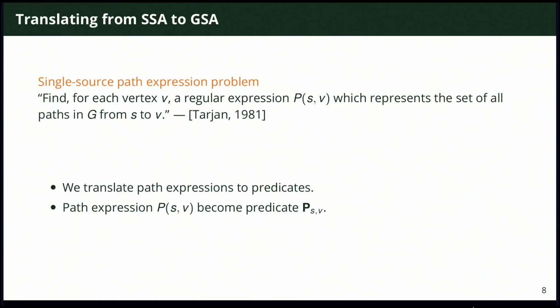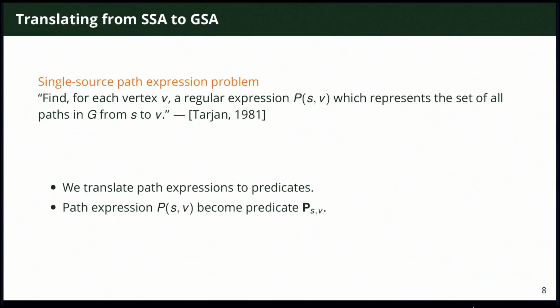And so the way we can use that then is by running this algorithm for some source, and I'll show what source we use. And we then get these path expressions, which are regexes, and we can easily translate them to predicates by converting edges to syntactic conditions.